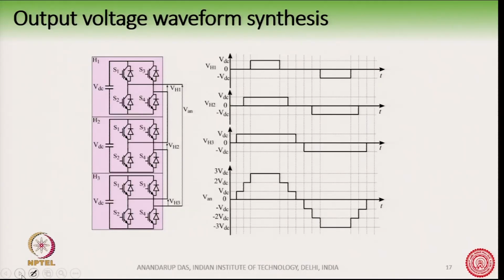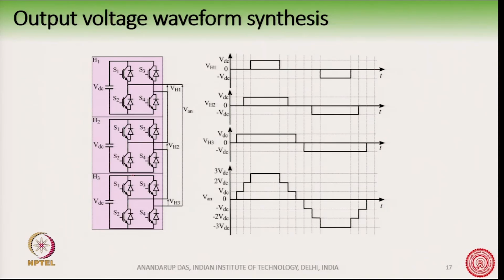In this case you can see that this VAN is nothing but VH1 plus VH2 plus VH3, the sum of these 3. Now, suppose VH1, that is the voltage produced from CHB 1 or the upper CHB, is this quasi square wave like this.